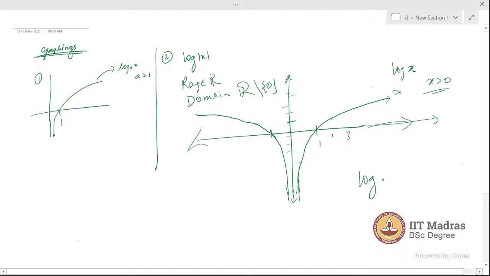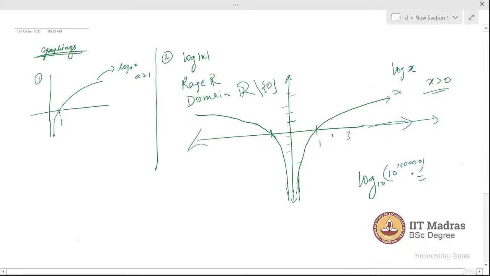Tell me what will be 10 to the power something, say with 5 zeros. What will be the value?